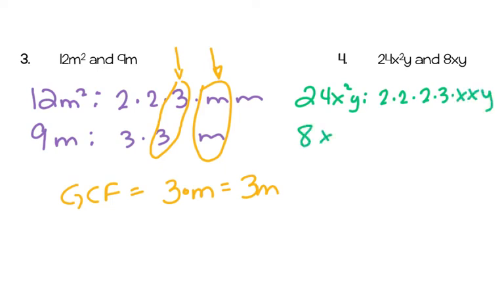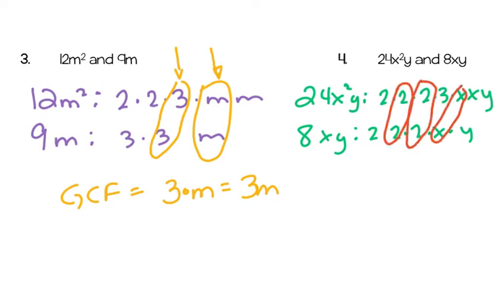And then for 8xy, it's 2 times 2 times 2 times x times y. So looking at what they have in common, they have 2, they have another 2, they have an x, and they have a y. So my greatest common factor will be 2 times 2 times x times y, or 4xy. So that's the greatest common factor between 24x squared y and 8xy.